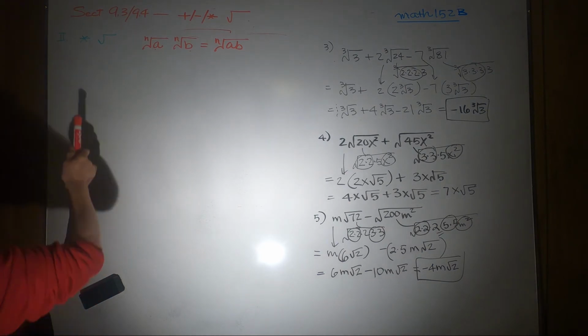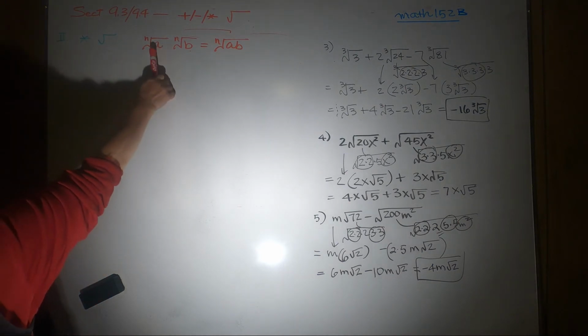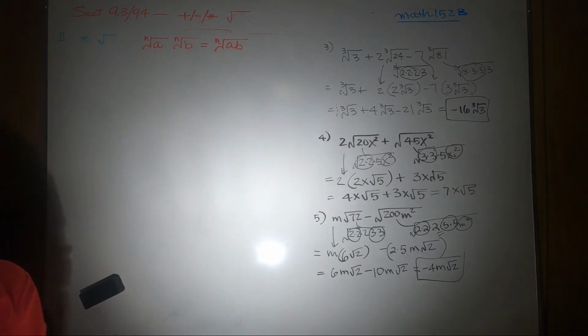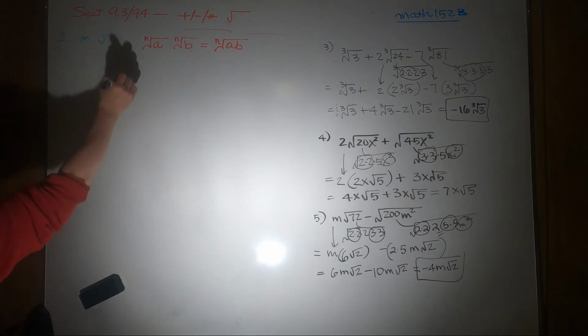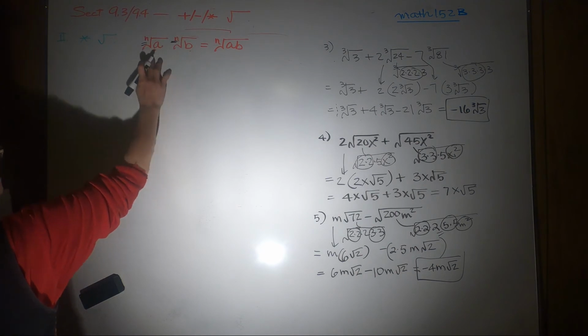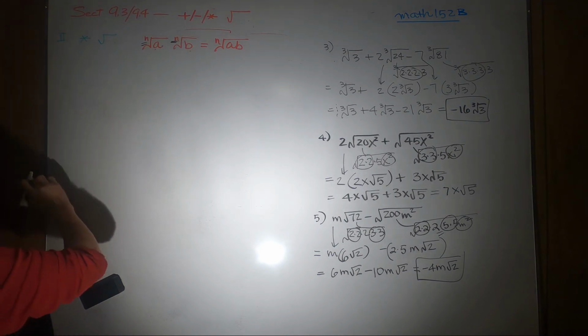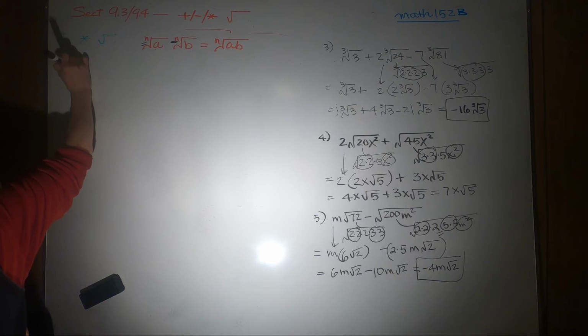But when we do the multiplication, we will put them together inside as the multiplied number, okay? So don't forget that if you get confused with how to multiply the radicals, the whole thing is you have to have the same indexes so they can be split or combined.